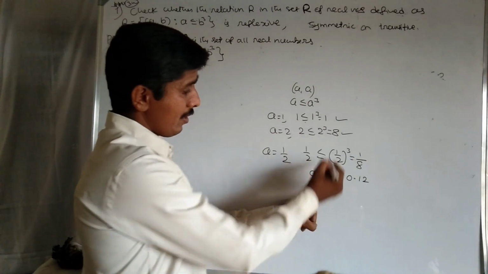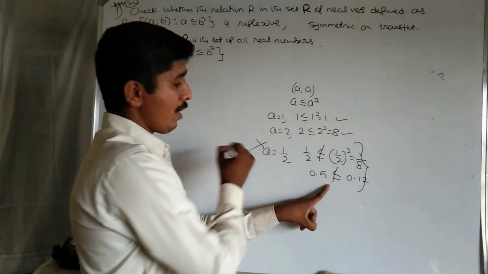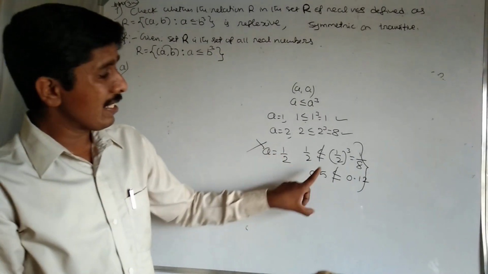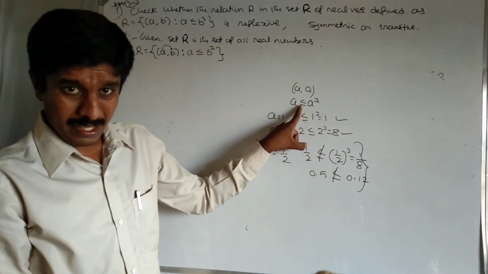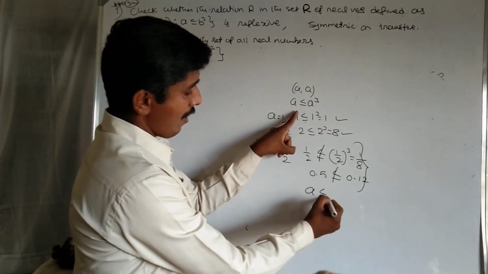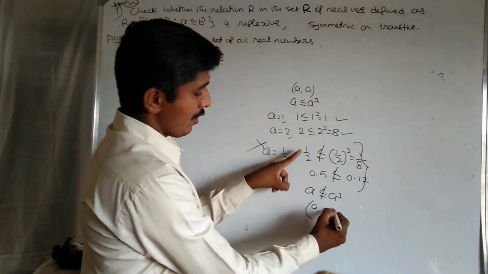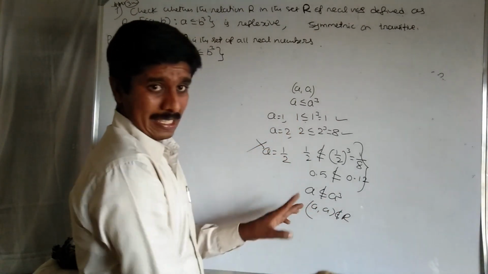Therefore, half is not less than or equal to half cube. It does not satisfy the relation, so (a, a) does not belong to the relation.